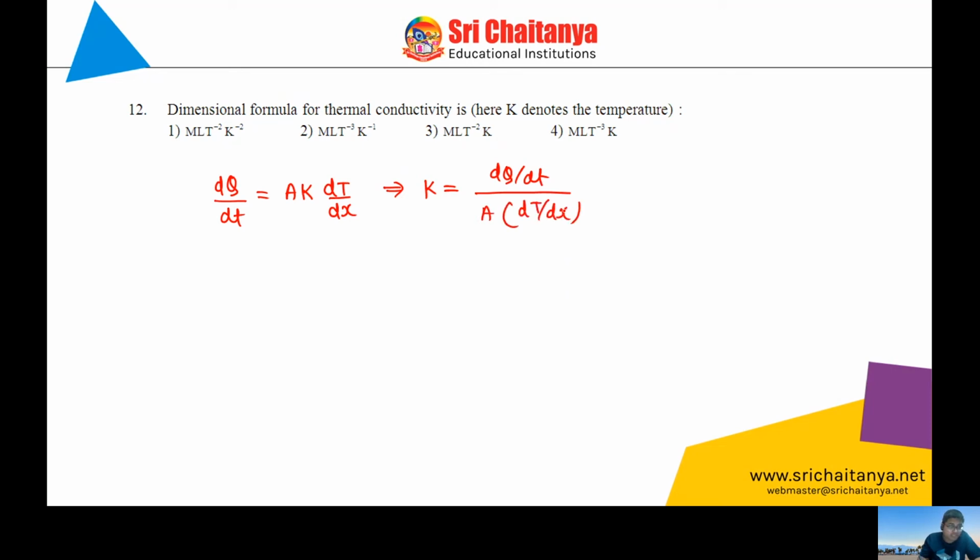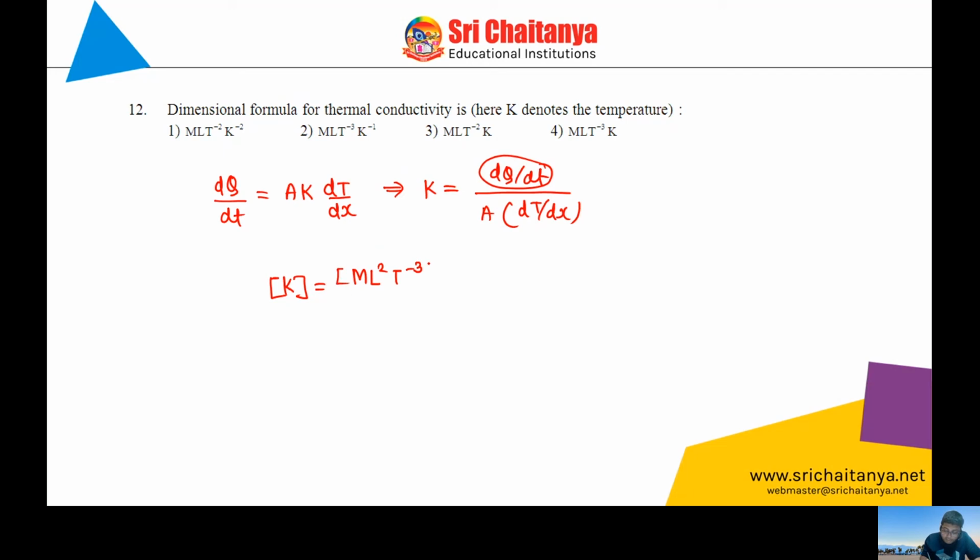Now let's try to write the dimension of each and every term. dQ by dt is nothing but energy per unit time, or power, you can say. So the dimension of power is ML square T minus 3, right?